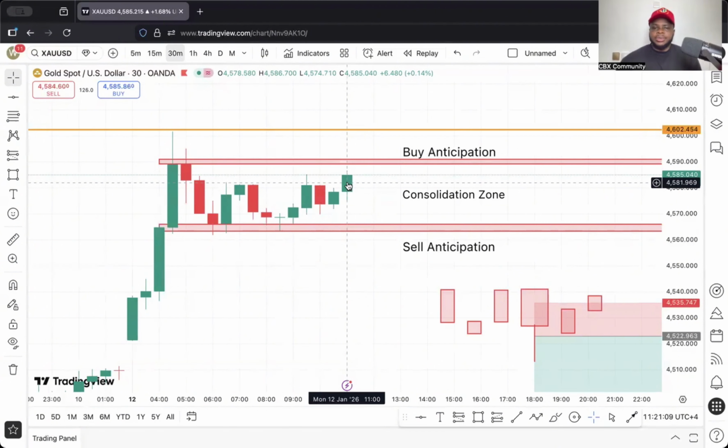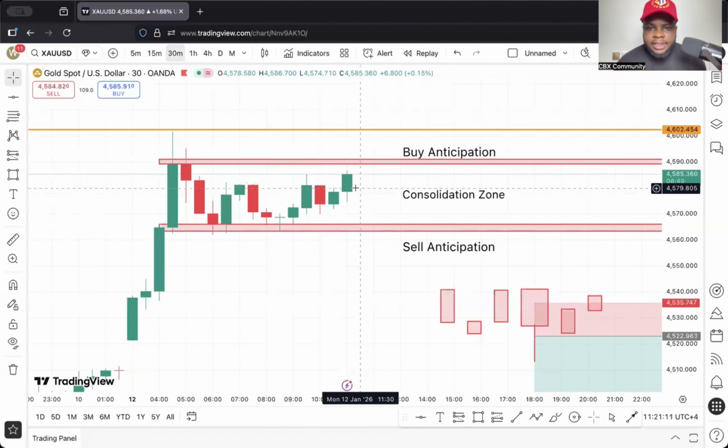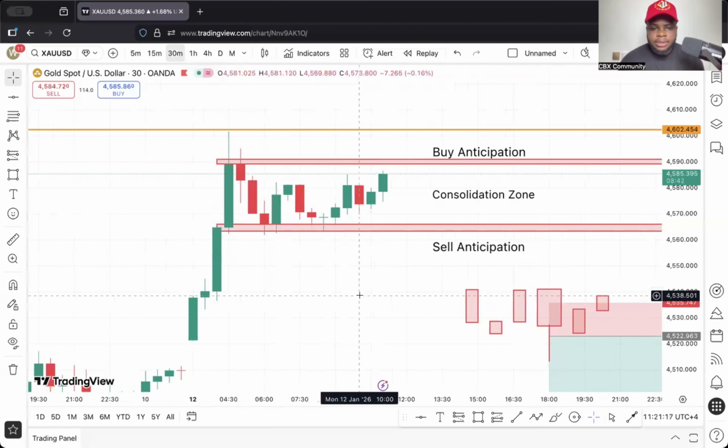Let's see what the candle wants to do. This recent 30 minutes candle is left with 8 minutes before it will close. So the best thing is just for us to wait.